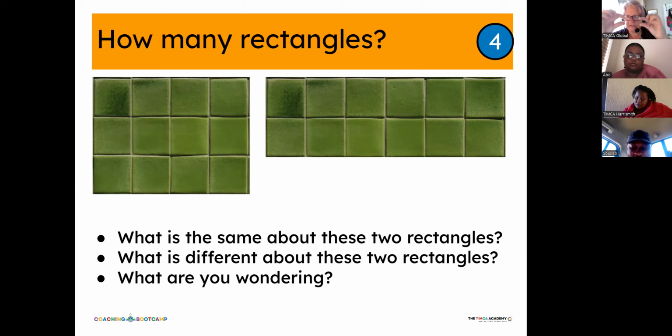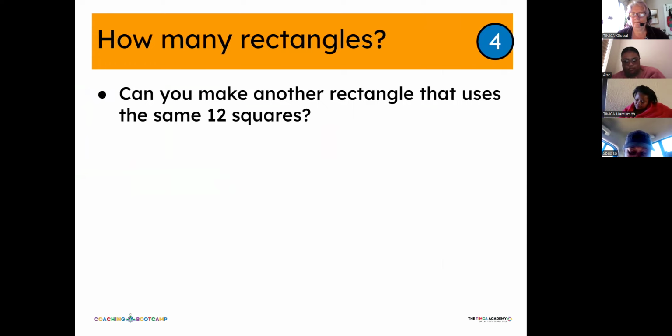You've got 12 individual little squares that you can break. Can you make another rectangle? It's 2, 3, and 4.